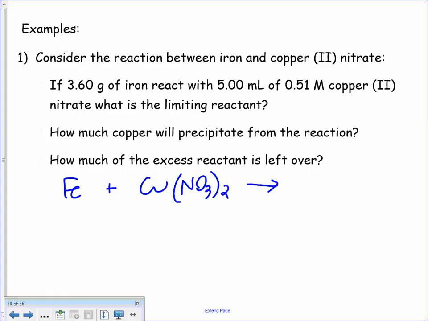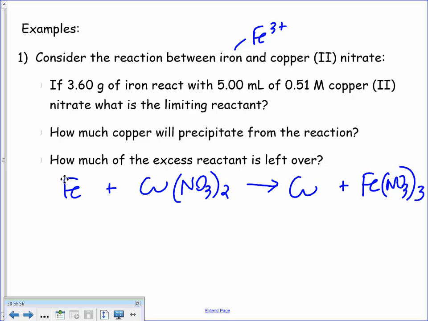Commonly iron's charge is 3. I think I told you guys 3 yesterday, right? Iron 3 will be our most common charge of iron. So then, what's our product here? Cu, yeah. Copper's been displaced, and Fe(NO3)3, because iron's crisscrossing at 3 now.